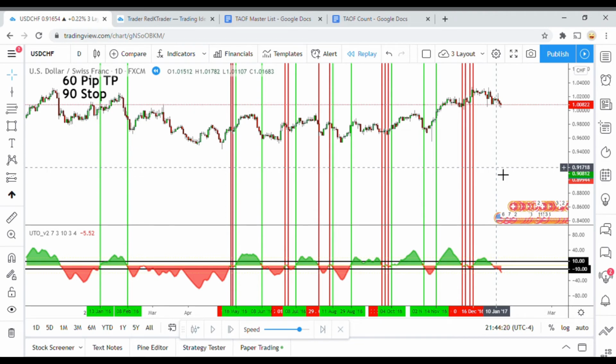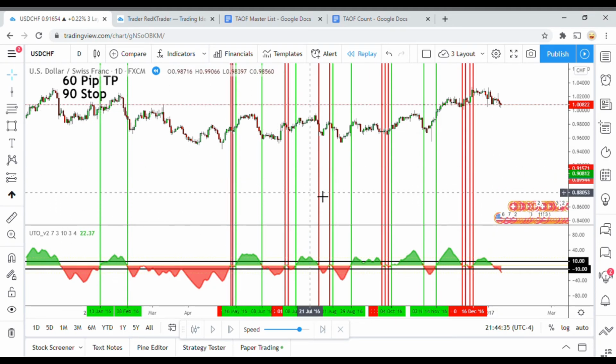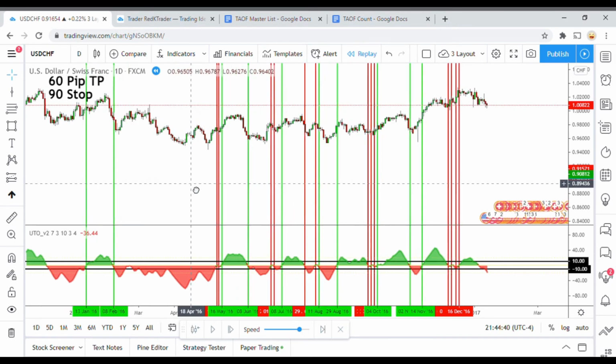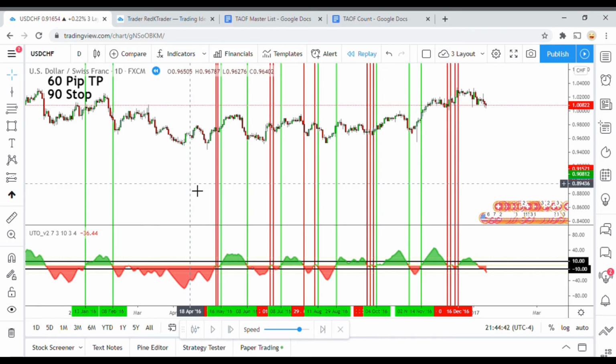So 23 signals all together. And we have 1, 2, 3, 4, 5, 6, 7, 8, 9, and 10 winning trades. And so unfortunately, that is not going to meet the 60% criteria. And so, yeah, this one's gonna go on the no list.